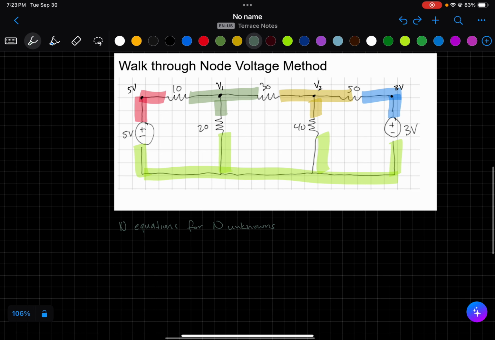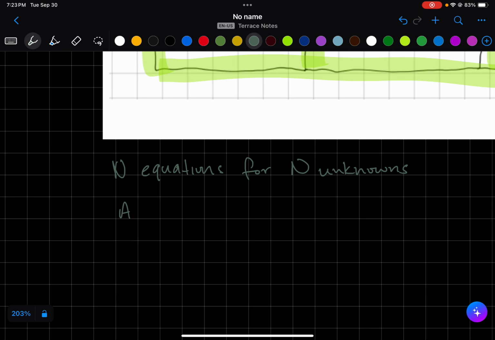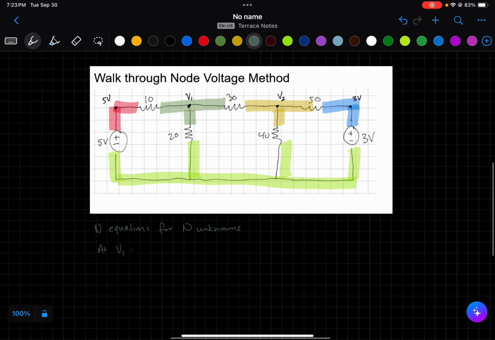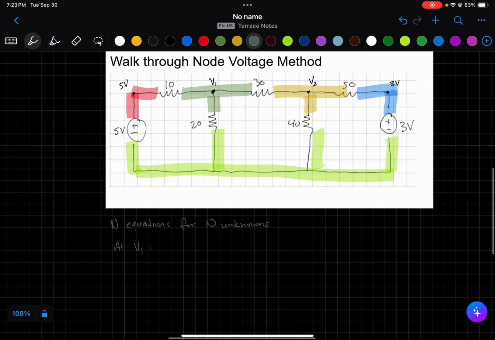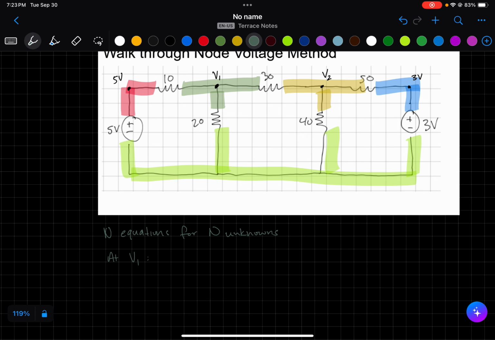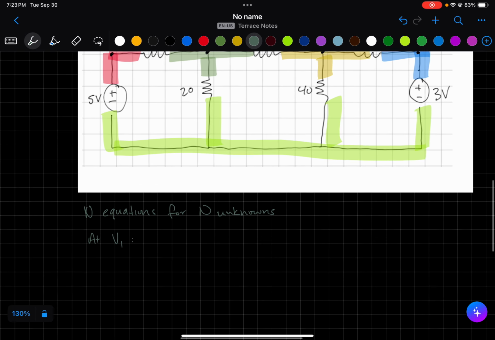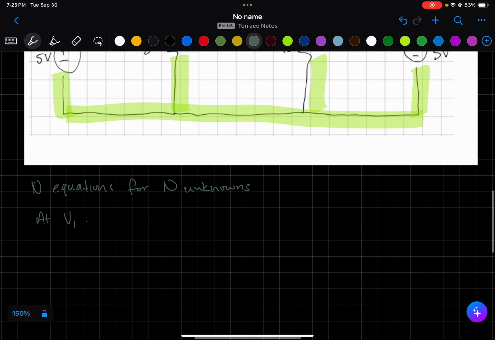So let's start off with node V1. So since node voltage method is derived from KCL, or Kirchhoff's current law, and Ohm's law, we'll be using those two to help us out.